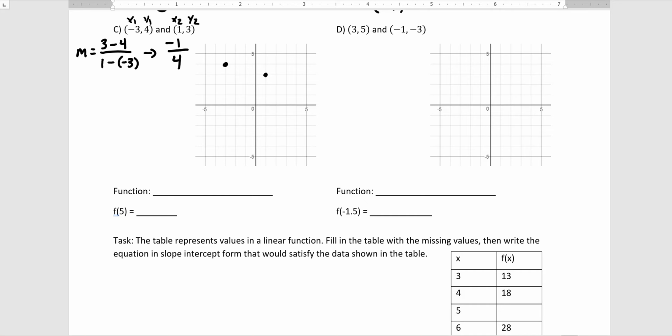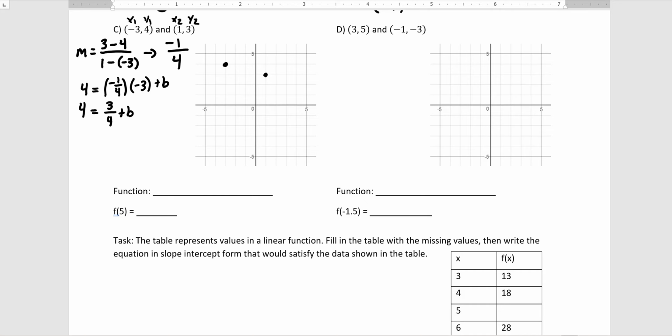Very good. So now I would say y, 4 equals m, -1/4, times x, -3, plus b. So that means 4 equals -1/4 times -3 would become positive 3/4 plus b.